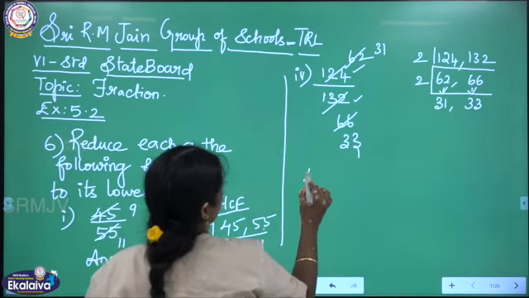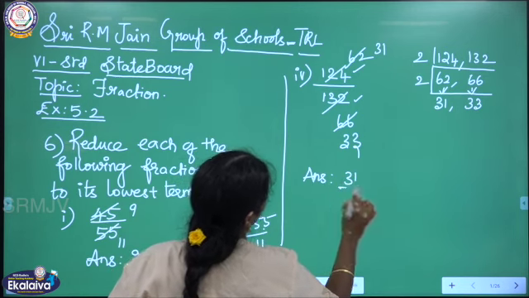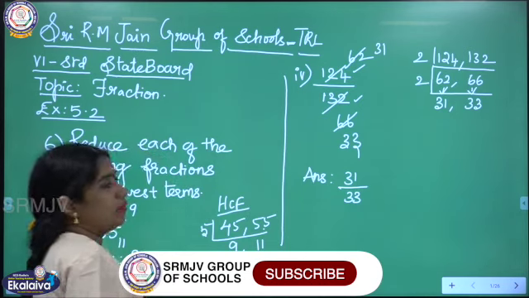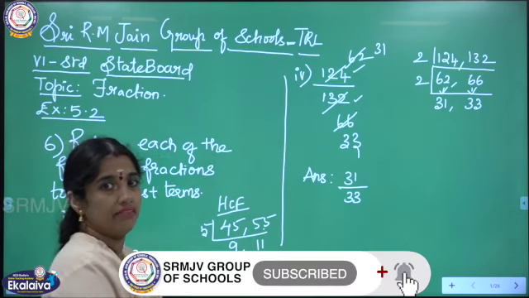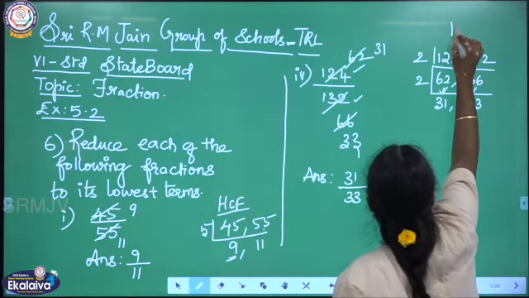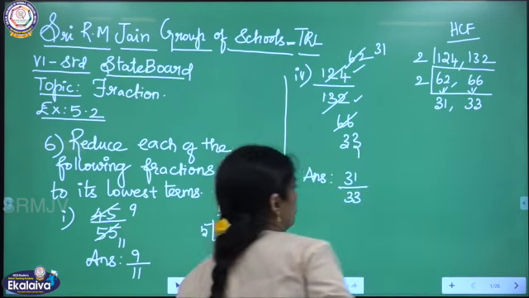So my answer is 31 by 33. These are still prime numbers, so we stop the HCF here. Can you understand this, children? How do we find the HCF? Once we reach prime numbers, we stop there.